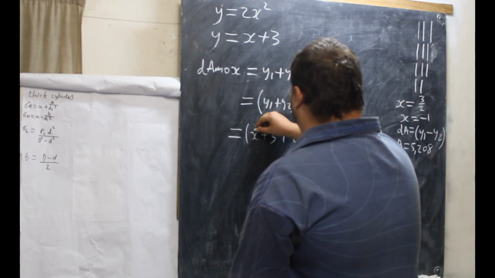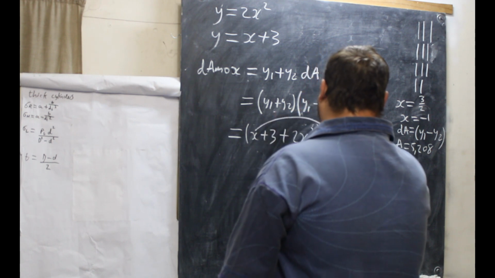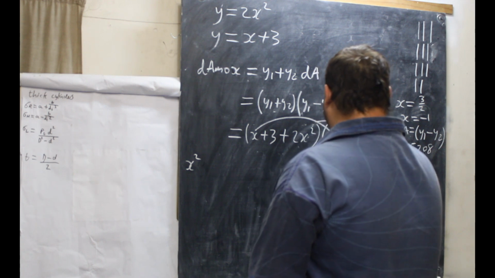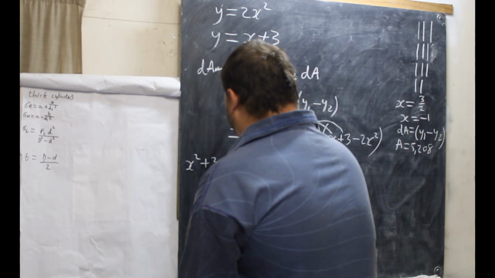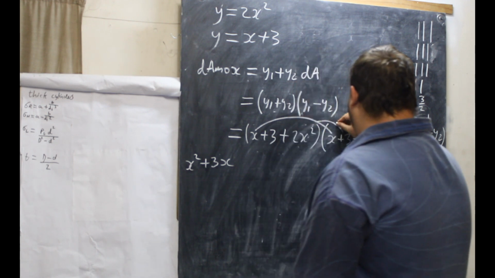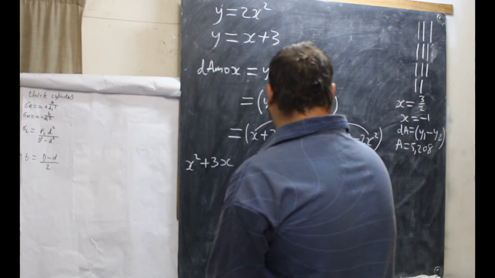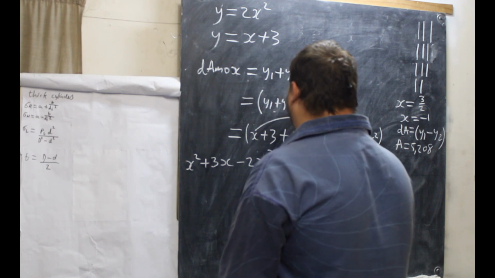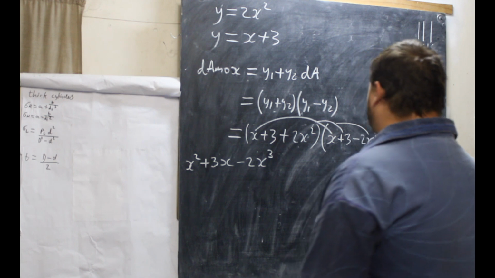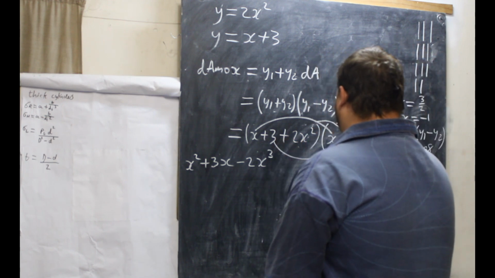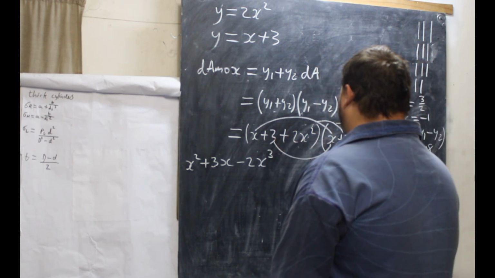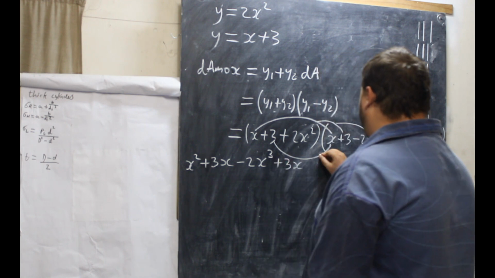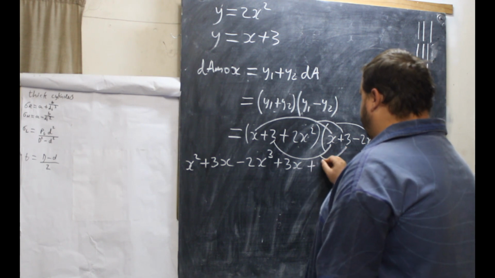So what we're going to do is say x times x, x squared. x times 3 plus 3x. Go again. x times that is minus 2x cubed. That's very important to realize. Now the bottom 3 is times x plus 3x. 3 times 3 is plus 9.